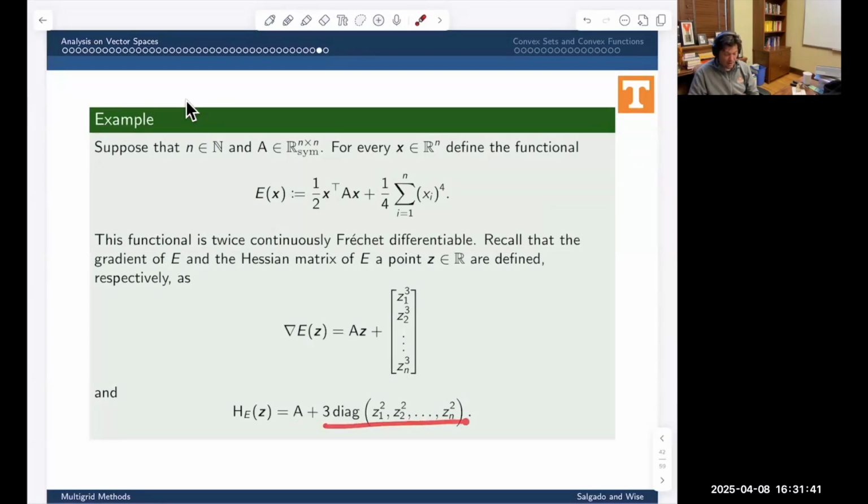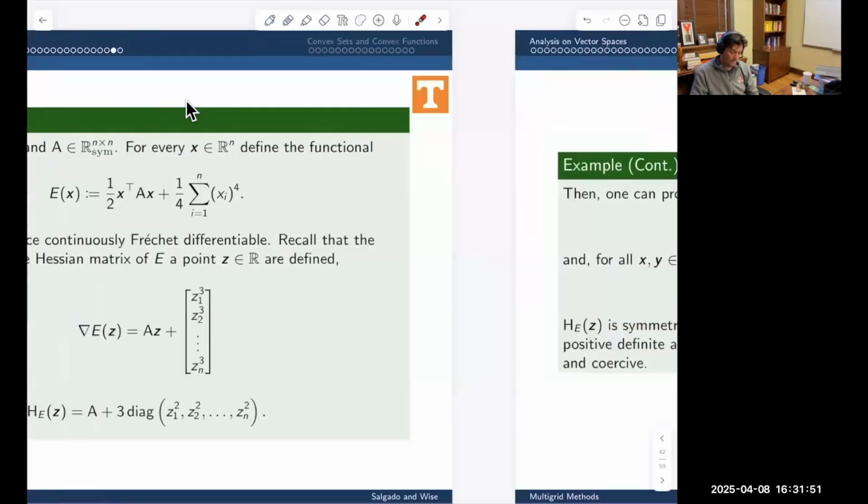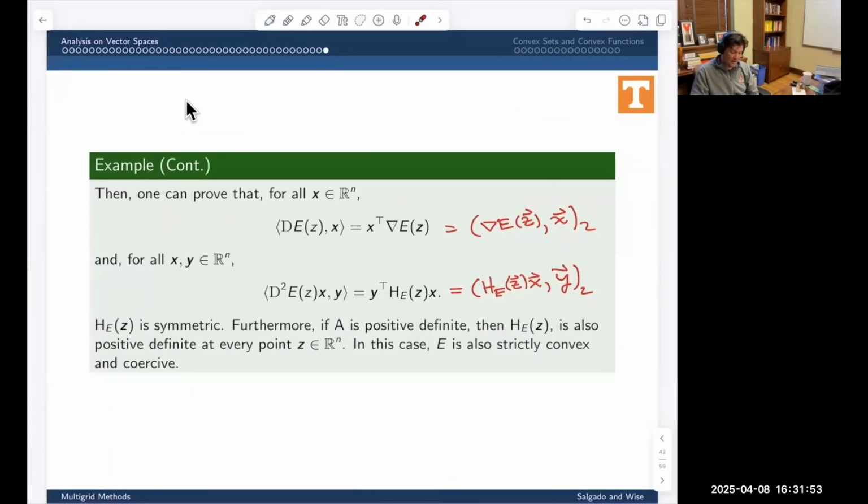And if I add on to a strictly positive definite matrix a symmetric positive semi-definite matrix, then I get a strictly positive definite result. So that says what I just said, that H_E, the Hessian matrix, is positive definite at every point z. It doesn't matter where we're taking the derivative. I'm always going to get a strictly positive definite matrix.